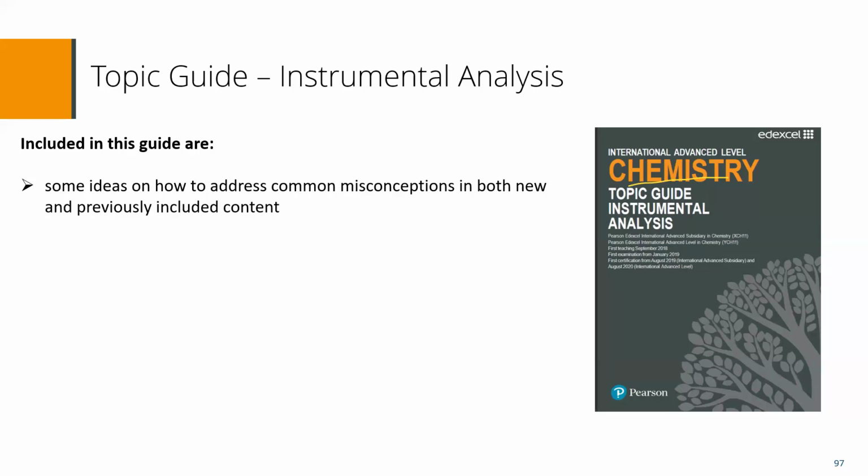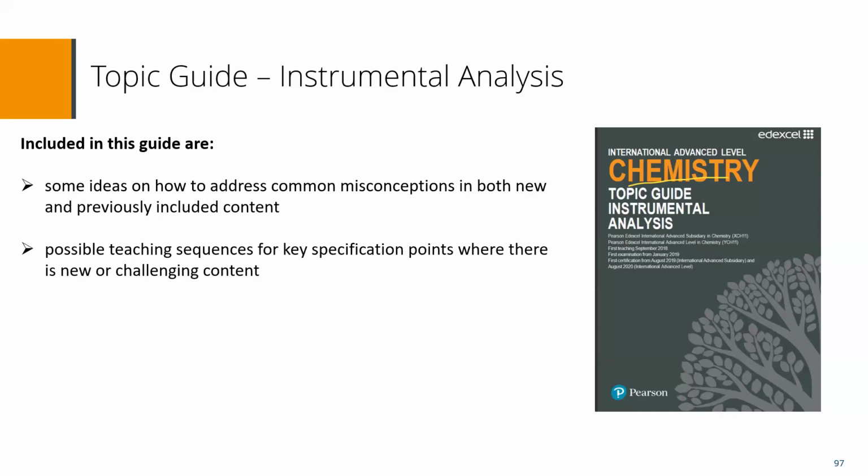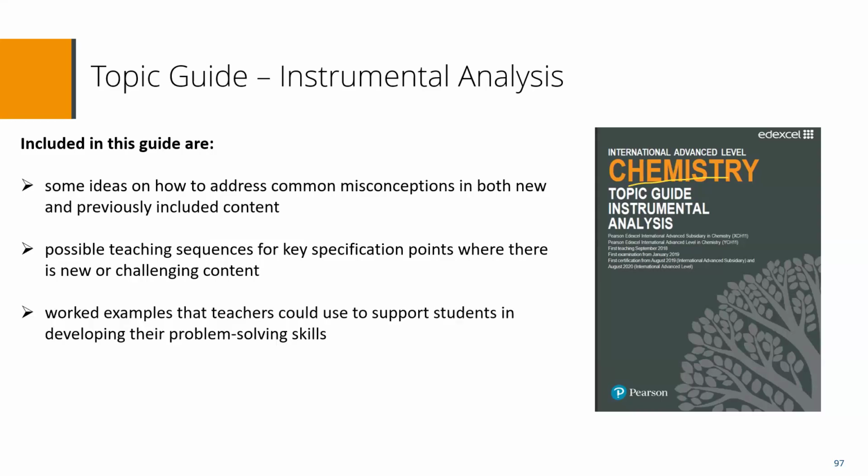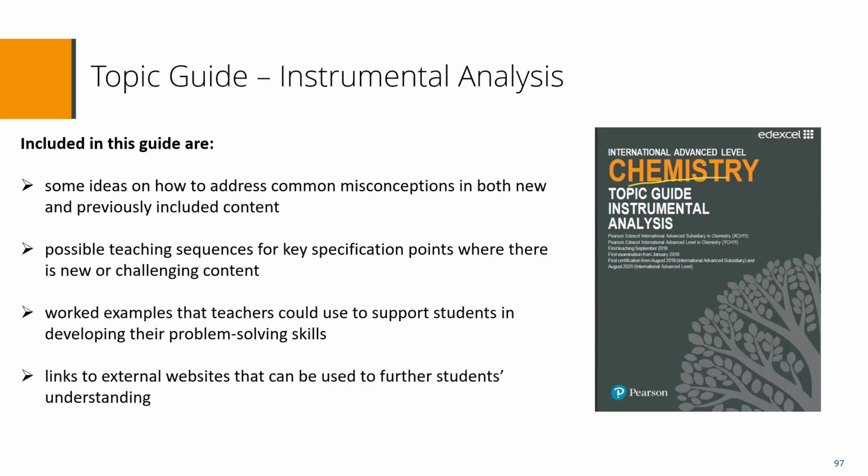One of the new contents, of course, from the previous qualification is carbon-13 NMR. It gives you some possible teaching sequences for key specification points where there is new or challenging content. And it gives worked examples that could be used to support students in developing their problem-solving skills. There are links to external websites that can be used to further students' understanding.